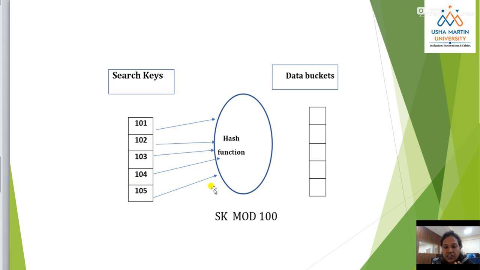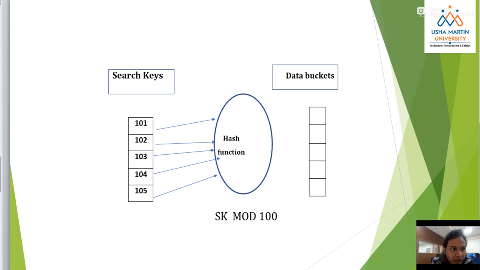With the help of search keys, we calculate the hash function to find the hash value, and depending upon the hash value, we store our data in that block. Here also the data is arranged in the form of data blocks.